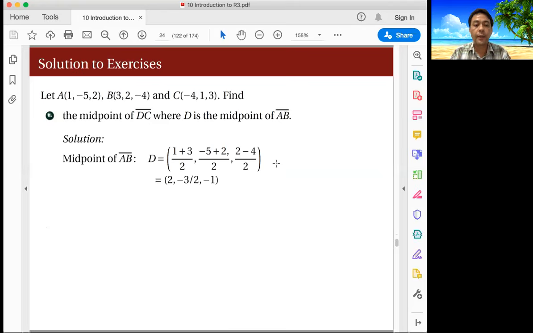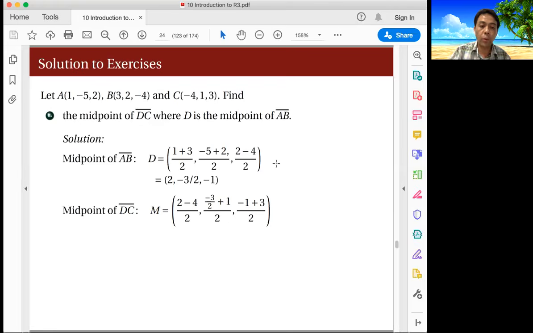Simplify that. And then we get the midpoint now of DC. So let's call that midpoint M. And now we use the coordinates of D and the coordinates of C. Simplifying, we get -1, -1/4, and 1. So this answers the first problem.